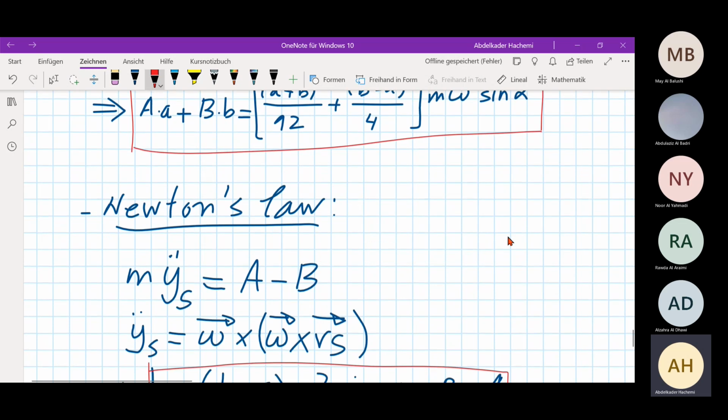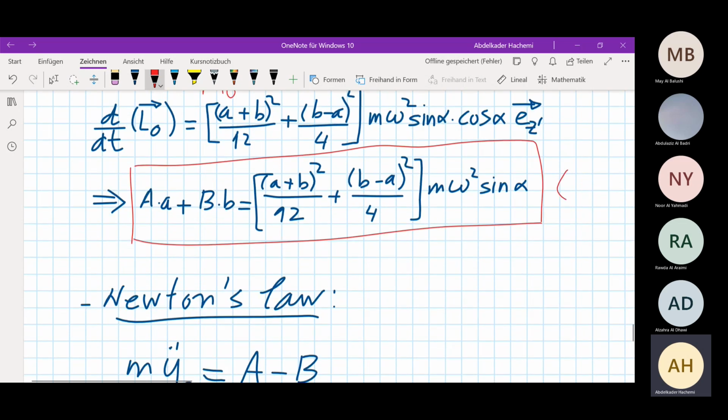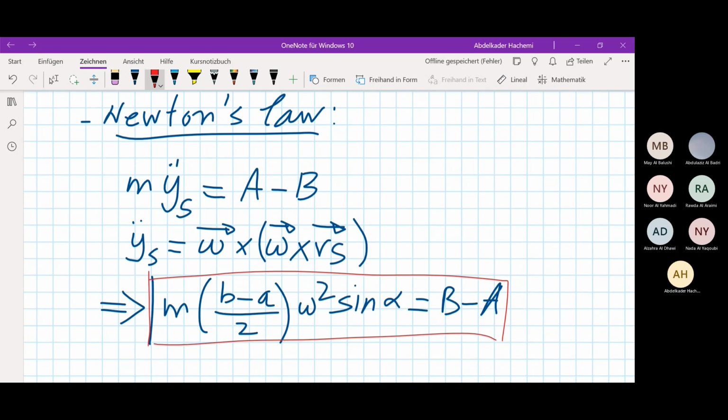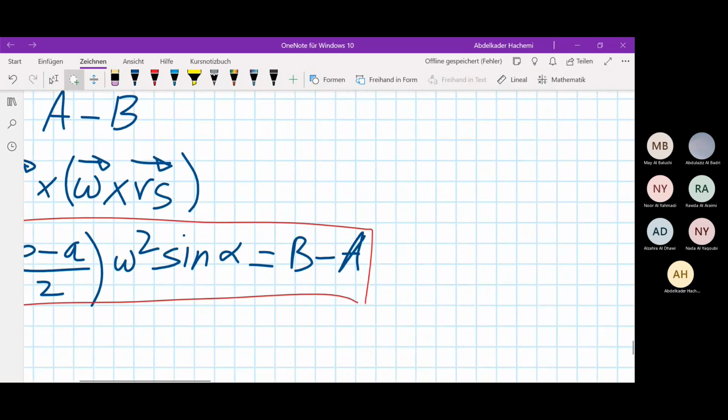Now this I call equation 2, and here equation 3.